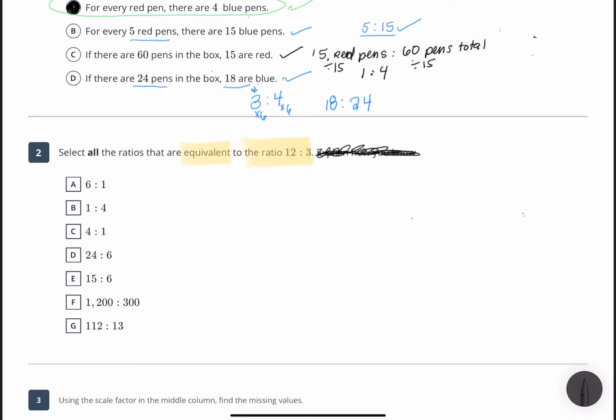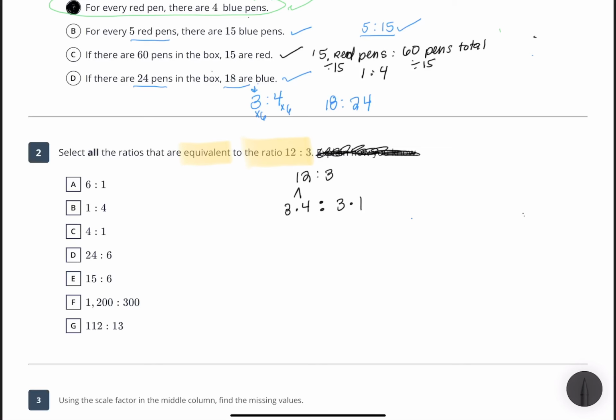Okay, a ratio that's equal to 12:3. So the ratio is 12:3. I can either simplify it or I could just leave it like that. But in this case, I am going to simplify it. So my ratio is 12:3. And if I break it down to its factors, it will be 3 times 4:3 times 1.